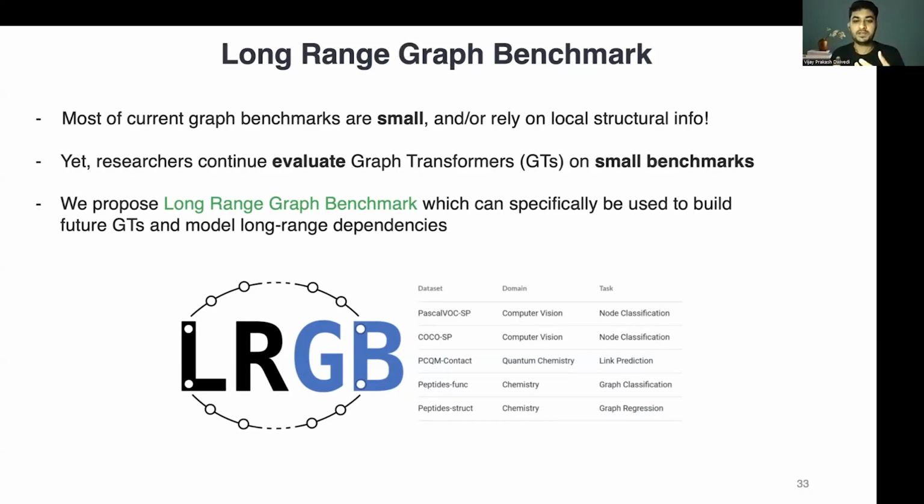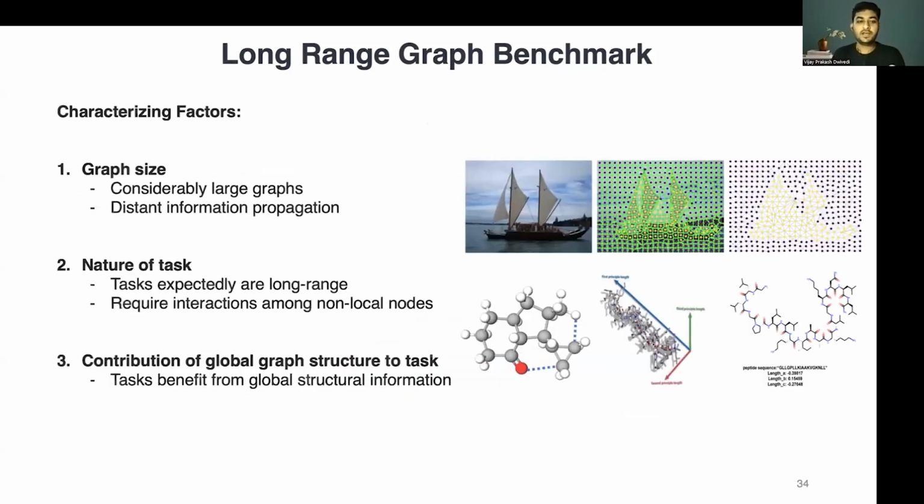So with the long-range benchmark, we specifically design it to build future graph transformers. One of the key advantages that we have with graph transformers is that they can intrinsically model long-range dependencies. So this long-range graph benchmark has tasks which are dependent on the graph size, the nature of the task, and the contribution of global graph structure to the task. So these are the characterizing factors in these benchmarks.